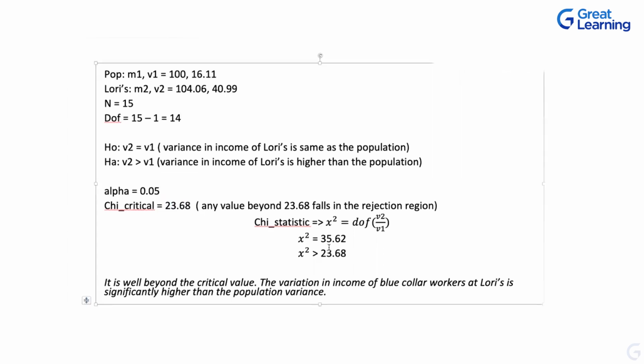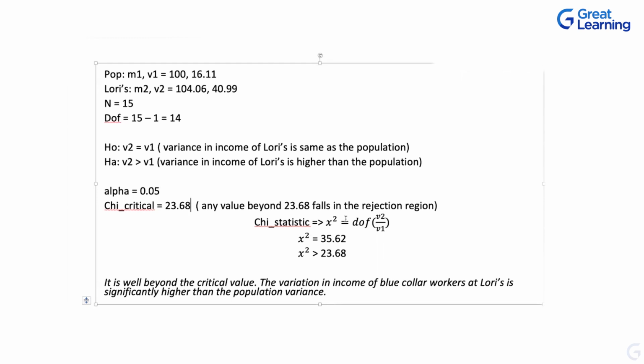So the statistic, the way you calculate essentially, for this data you got, chi-square is equal to degrees of freedom times V2 by V1. So this comes to 35.62 essentially. It's not exactly chi-square. Actually, it's a Greek letter, which this line actually goes much longer than this.